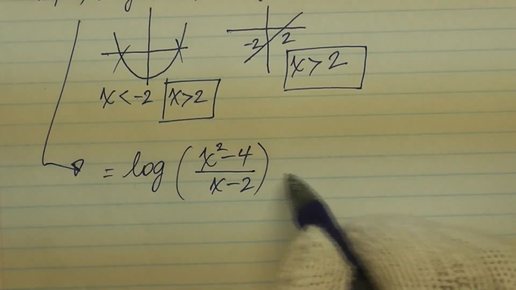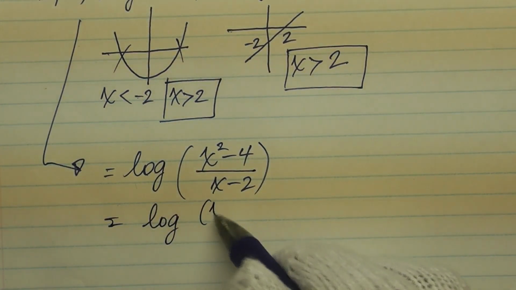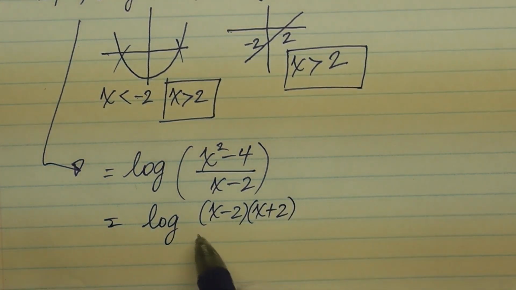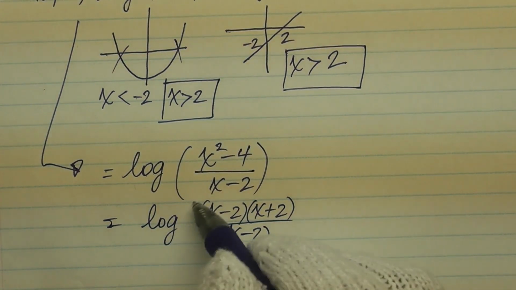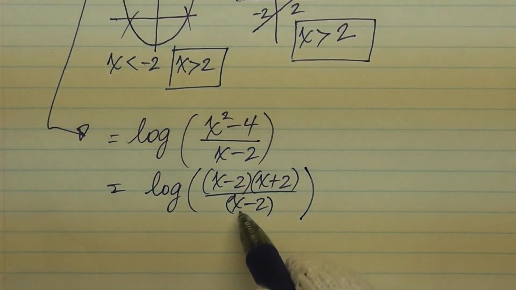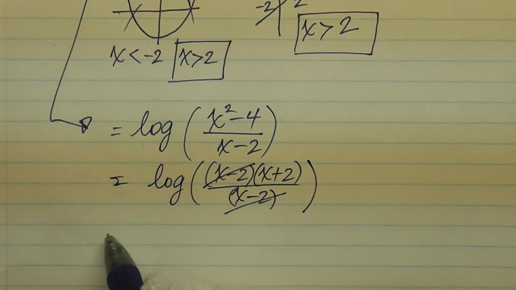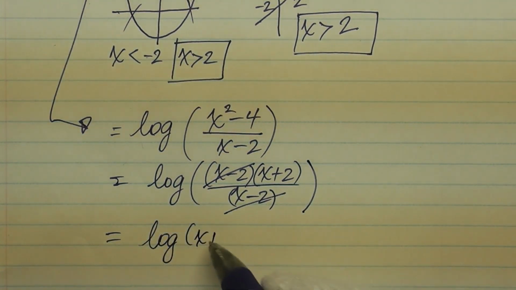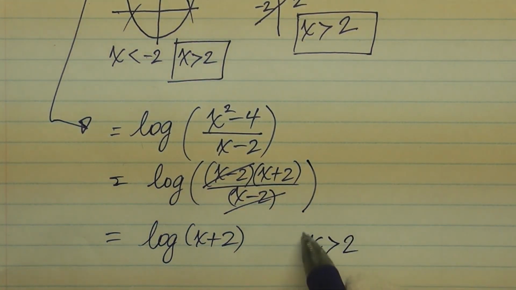So this gives us log of (x minus 2)(x plus 2) over (x minus 2). Now since x is not 2, since it's greater than 2, these two cancel out, and your final result is log of x plus 2. The only restriction: x must be greater than 2.